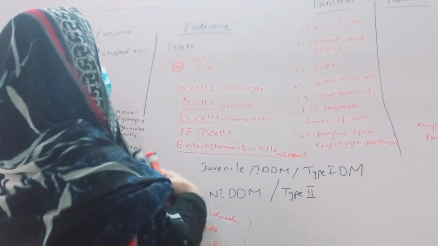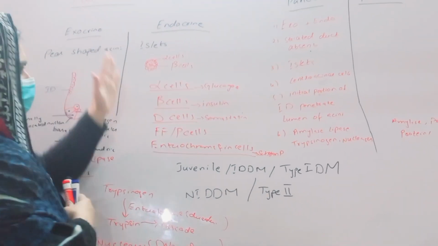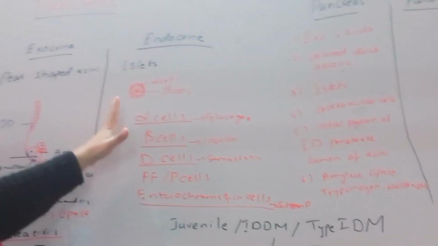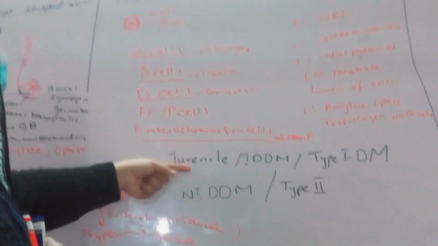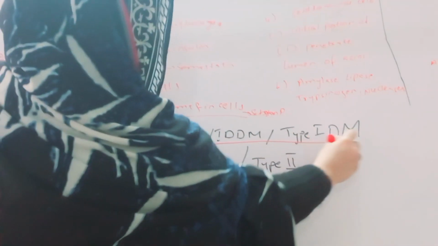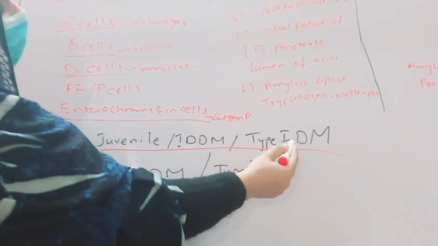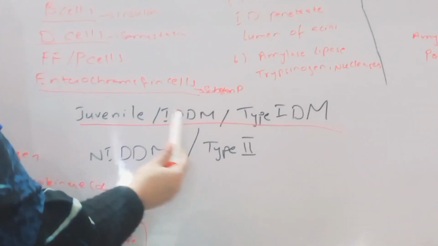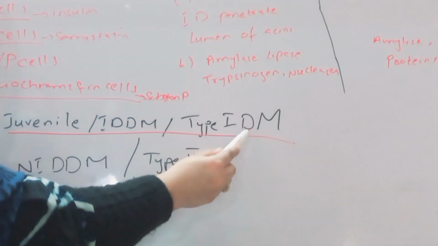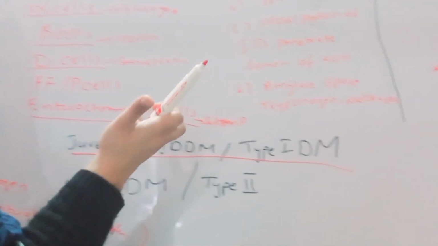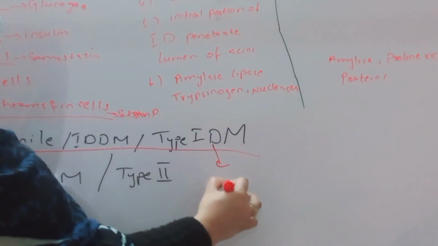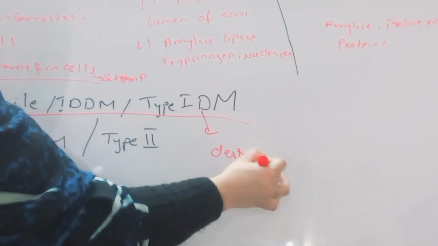Then we have the disorders. Which disorders occur if there is any defect in the islet of Langerhans or its cells? Firstly, there is a disorder known as juvenile or insulin dependent diabetes mellitus, or type 1 diabetes mellitus. What happens in this type of diabetes mellitus? Insulin production is impaired because of the destruction of the beta cells.